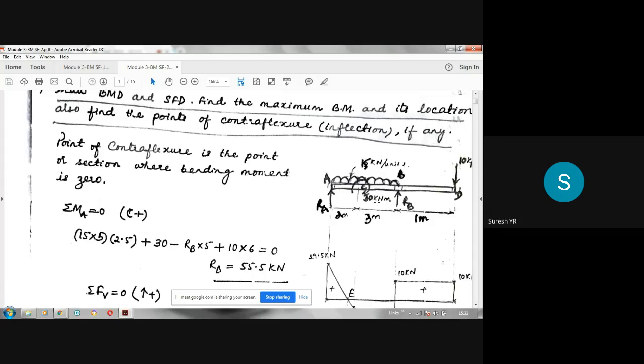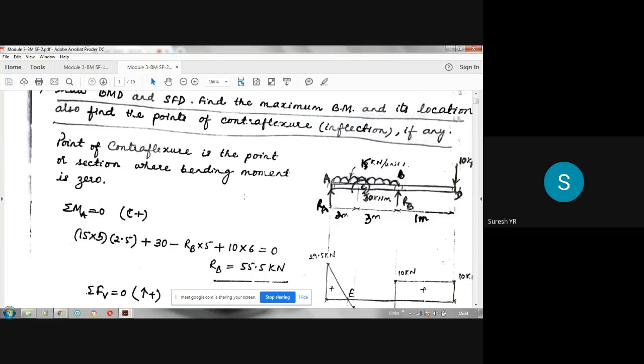So now the question is, draw the bending moment diagram and shear force diagram. Find the maximum bending moment and its location. So where the maximum bending moment occurs and its location. Also find the points of contraflexure or points of inflection, if any. So point of inflection or point of contraflexure means, it's the point or section where bending moment is 0.